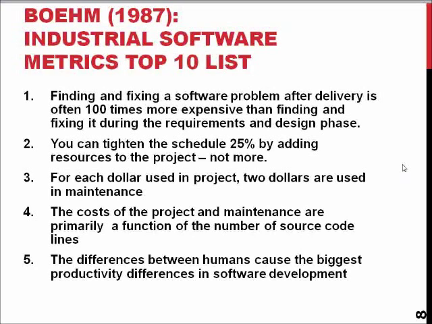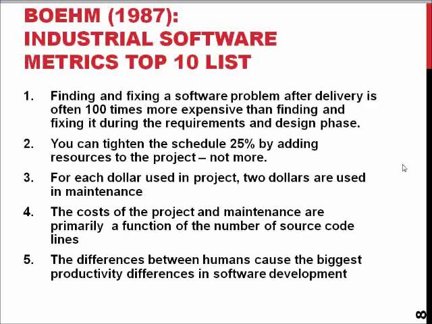I mean, this stuff was published in 1987, so this is not really new information. But it's actually something that still has influence on software projects. These things still happen, even though this particular information was released almost 30 years ago.